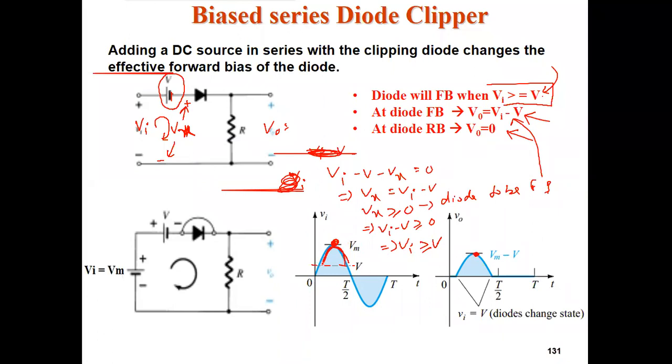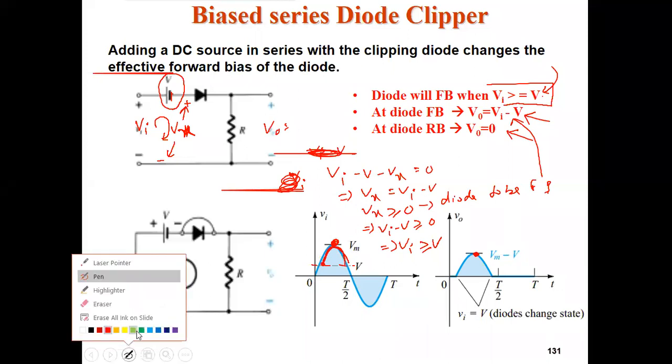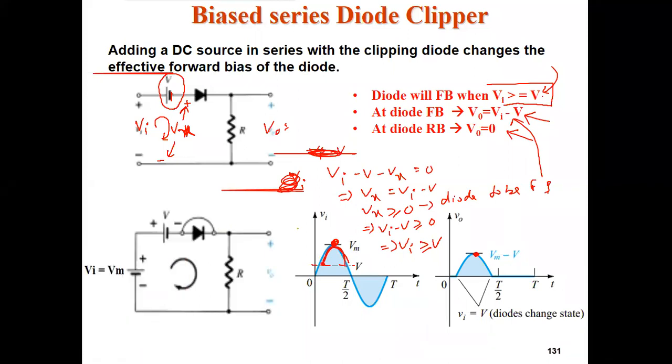Similarly, for the green point which I'm drawing, the input value is V. So how much output will come?